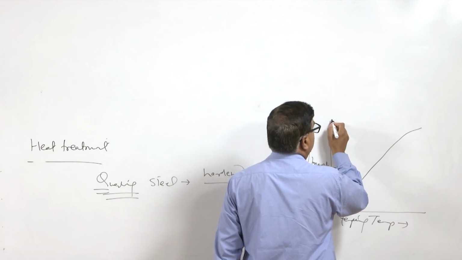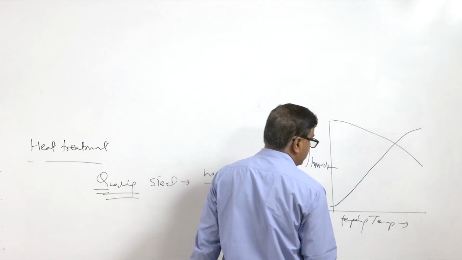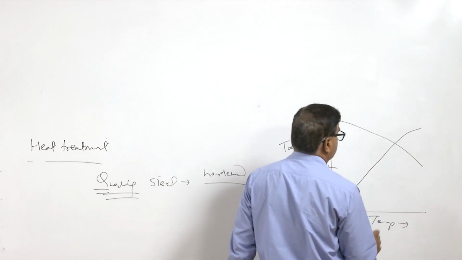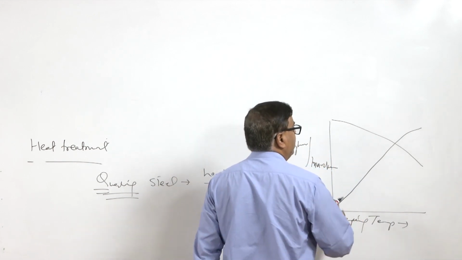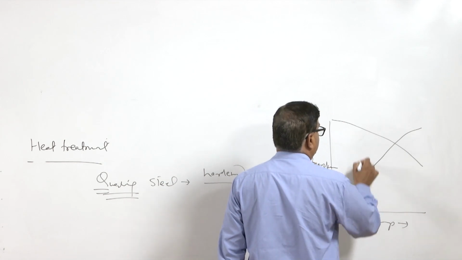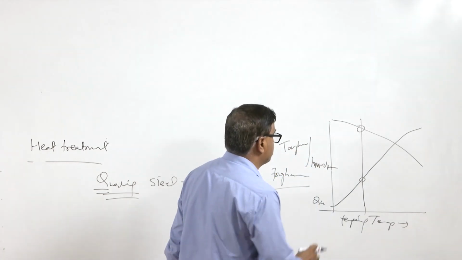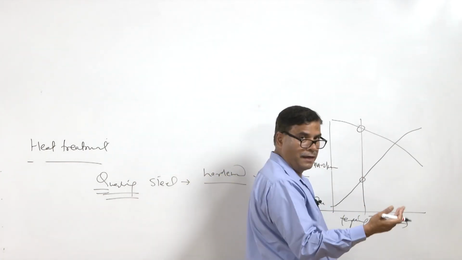On the other hand, the hardness decreases like this. If the tempering temperature is not proper, then we will have something else. Say for this tempering temperature, steel will have one particular set of hardness and toughness. This much hardness may not be good enough for the application.